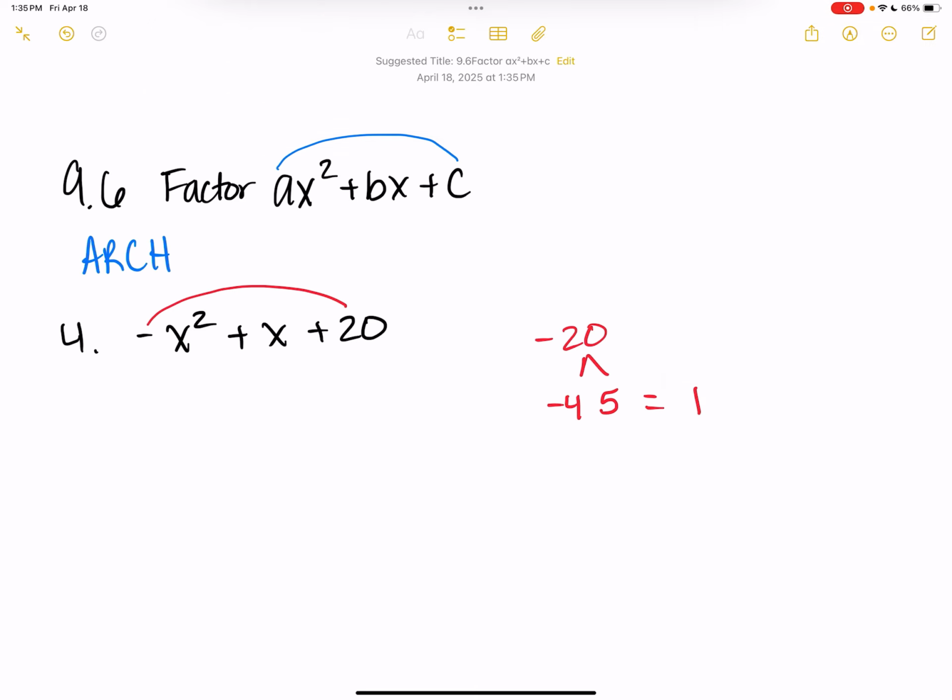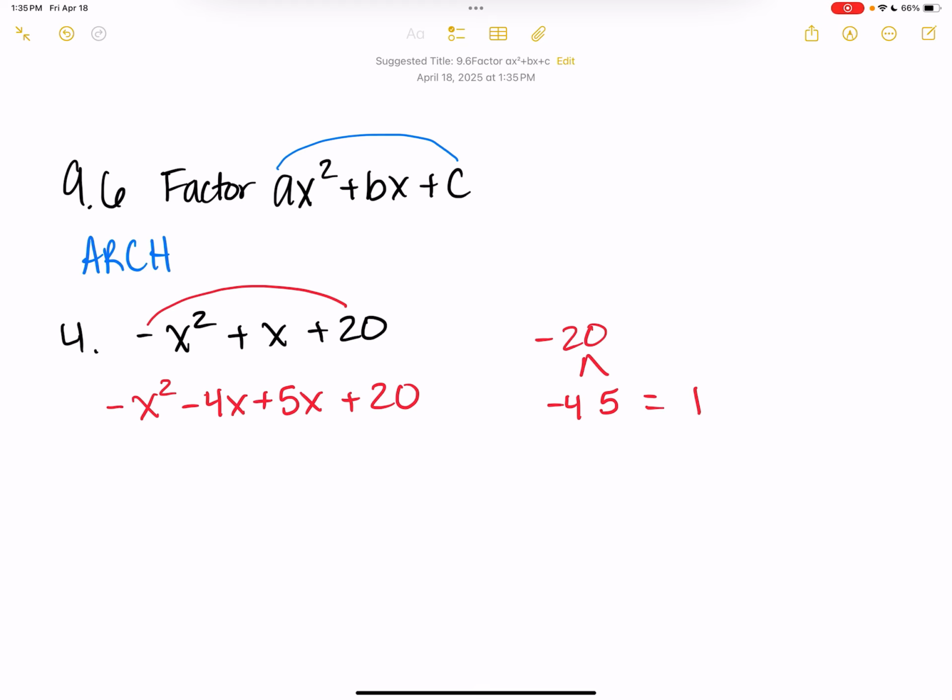Previously, we just drew our two parentheses and we put the numbers in. That doesn't work with this one, okay? We have to copy down the first term, so -x squared, and we copy down the last term, so the +20. Then these two numbers in the middle both get an x put on them, so -4x plus 5x, and then +20.